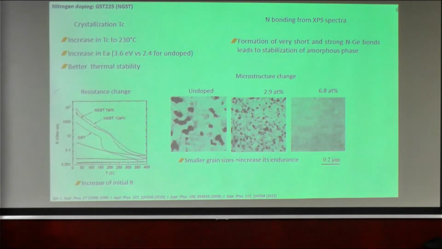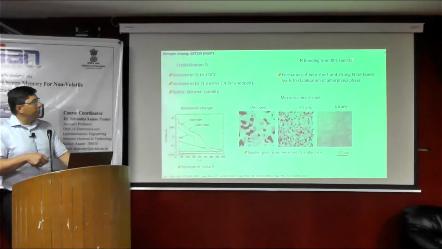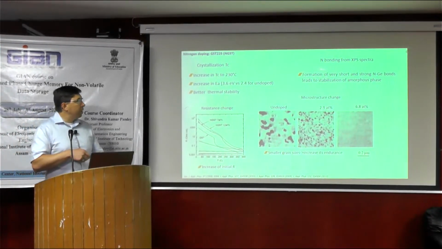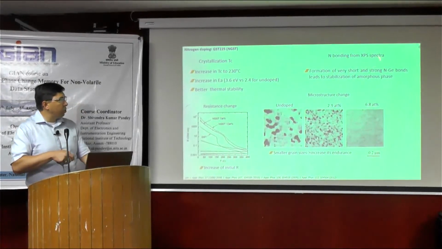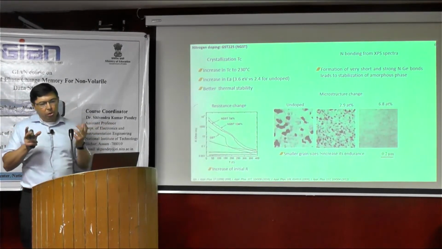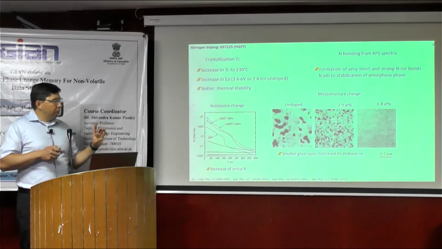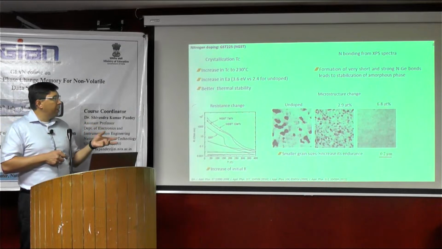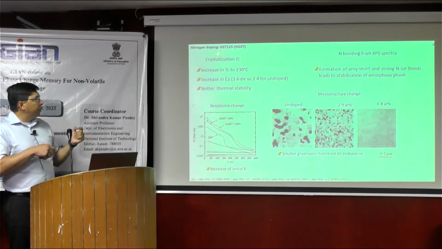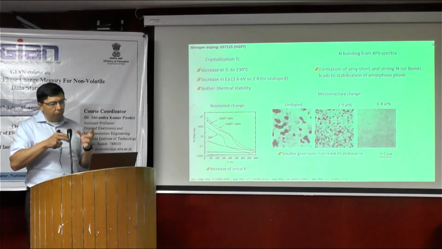Now, if you want to understand why the thermal stability of your material is increasing, you can apply XPS. This is X-ray photoelectron spectroscopy, and here you can study the bonding in your sample. We know in amorphous materials you have germanium, antimony, tellurium elements, and it's interesting to know how these impurities bond to each material.